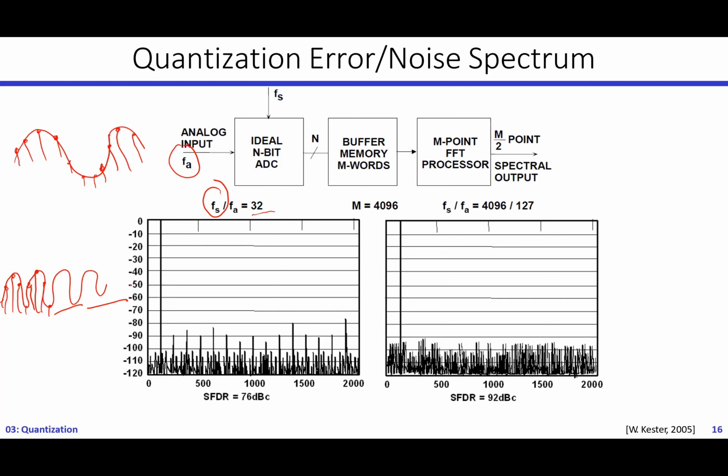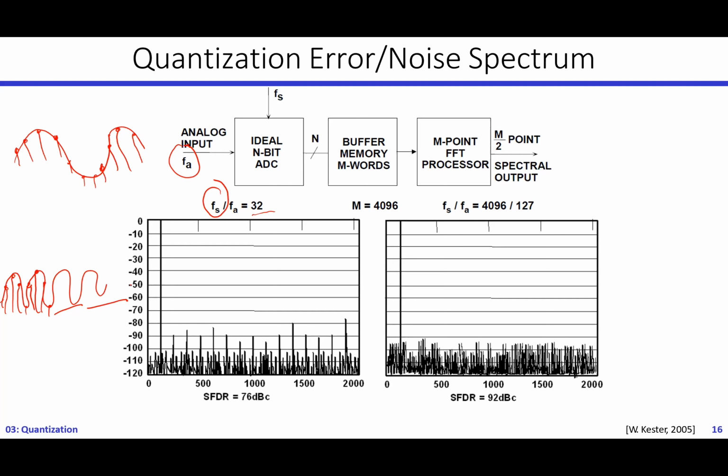Now, why is this a problem if this happens? This means that I am not going to have a uniformly distributed error. The error will only take certain values, so not well distributed between minus half LSB and half LSB. It will only take a certain set of those values.